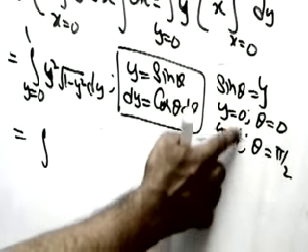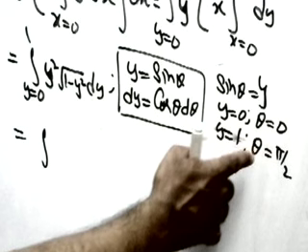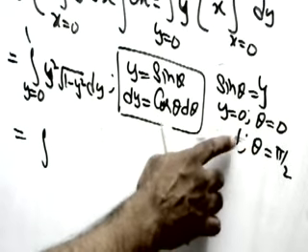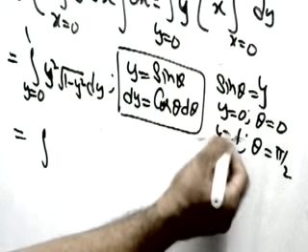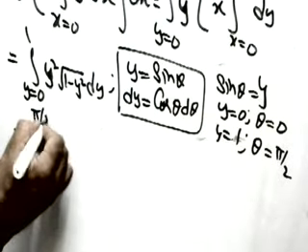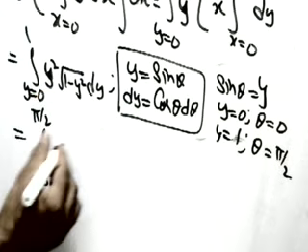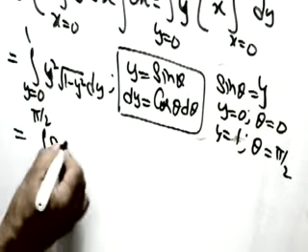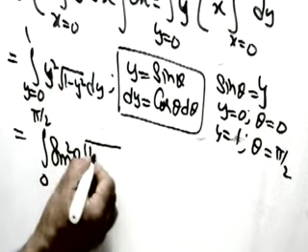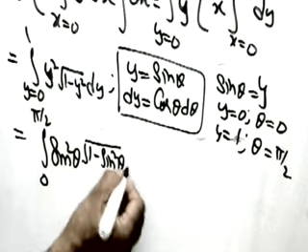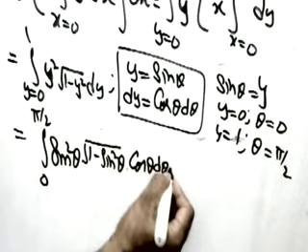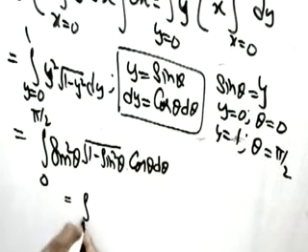See here, we have to write like this: the integration of, what are the limits we are getting? Theta equals 0 to pi by 2, y, what we have taken, sine square theta, into under root of 1 minus sine square theta, into dy, which is cos theta d theta.